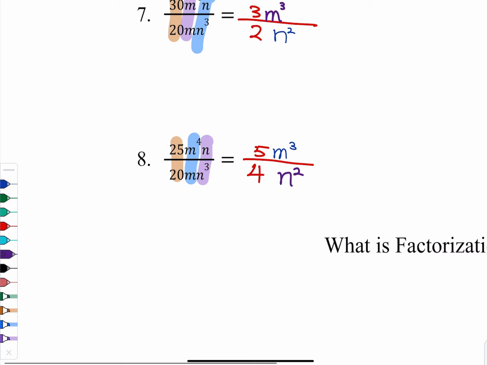And before we end the whole revision, I want you to remember one more thing: factorization and expansion. Factorization, in the end, you need to give brackets. As for expansion, it means no brackets. Now, miss, is there an example? Of course.